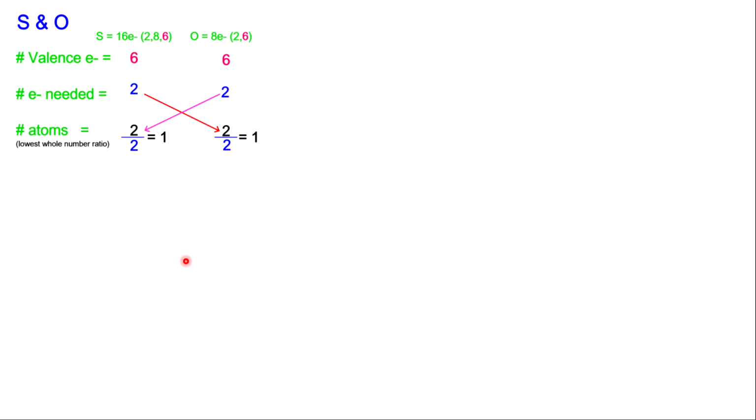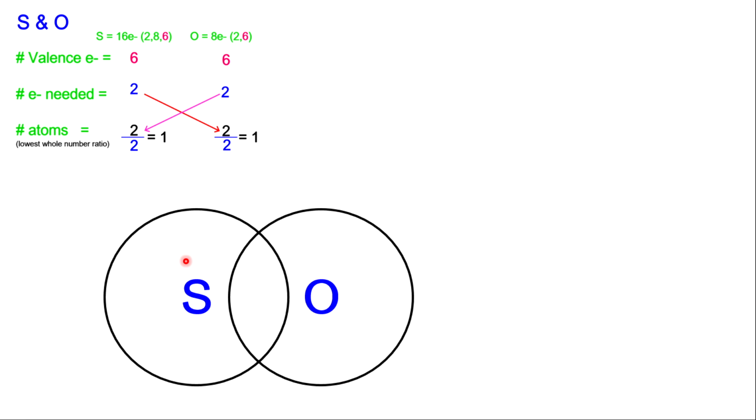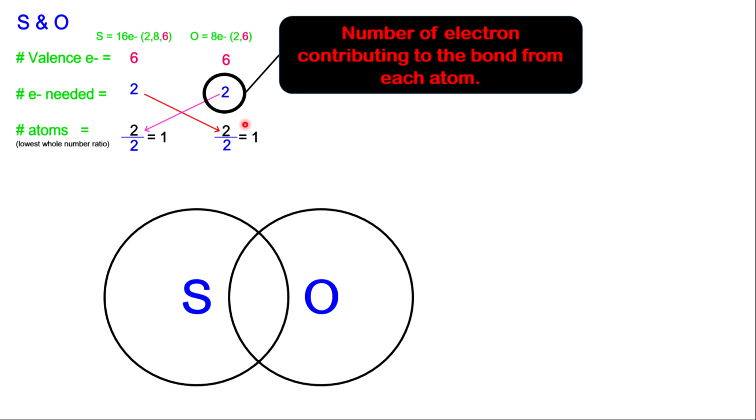So all you need to do is to draw 2 overlapping rings or orbitals, 1 for sulfur, 1 for oxygen. Now the number of electrons that will be placed inside of the bonding section depends on the lowest number of electrons needed. But in this case, the numbers are the same, so it doesn't matter.